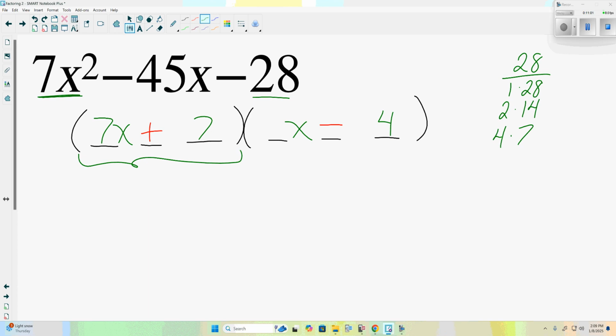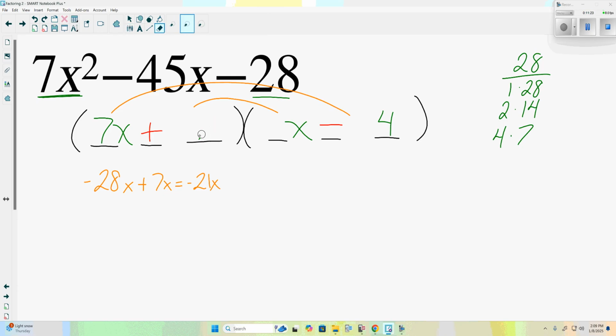Now here, I'm going to go on and check it anyways. Because if we look at this here, 7x times negative 4 is going to be negative 28x. 7 times x is going to be plus 7x, giving us negative 21x. So even though, if we didn't see that common factor, it still does not give us the correct answer.